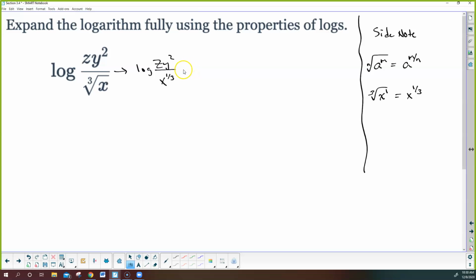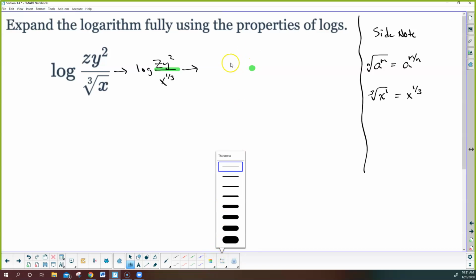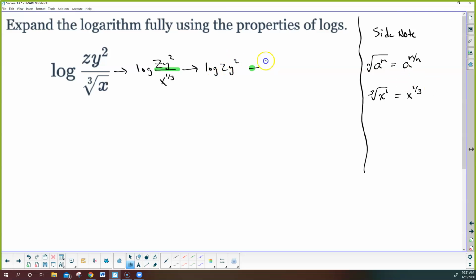Okay, so now I'm going to take, and this is the way I like to think of it, I have the division. The division is like the subtraction of the numerator and the denominator. We're going to take the log of the numerator minus the log of the denominator.